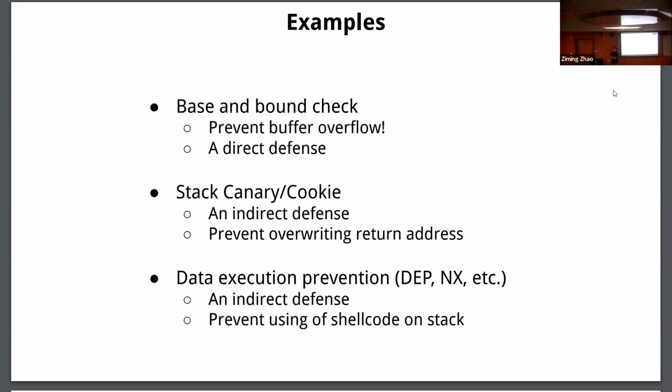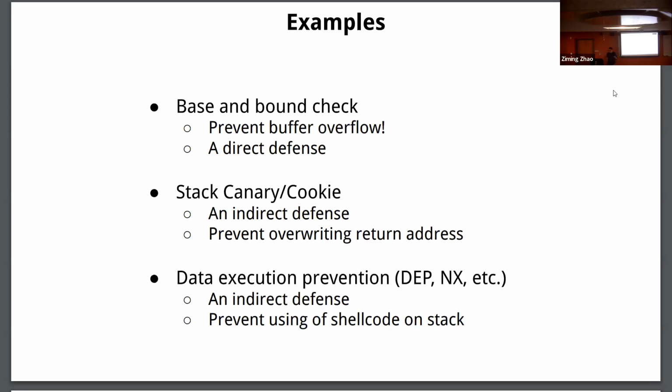Then before we return, we check if that random number has been modified. If that random number has been modified, it means someone has tried to smash our stack, right? However, it can only prevent those kinds of sequential overrides. So the vulnerabilities we have seen so far, but there could be other vulnerabilities that can override arbitrary addresses, so we can skip those random numbers on the stack. Actually, we're going to talk about this Thursday.